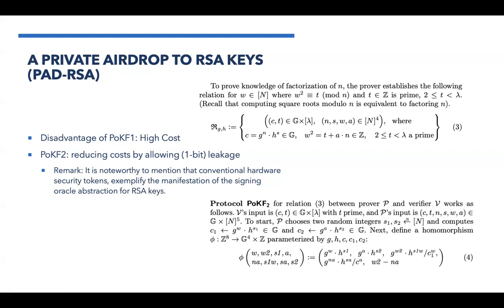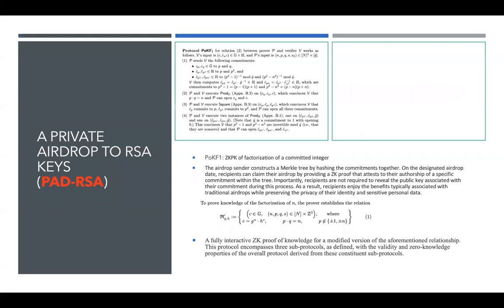To attest knowledge of the factorization of N, the prover establishes a compelling relation that encapsulates the following conditions, as shown in the slides. Remark: it is noteworthy to mention that conventional hardware security tokens exemplify the manifestation of the signing oracle abstraction for ECDSA keys.